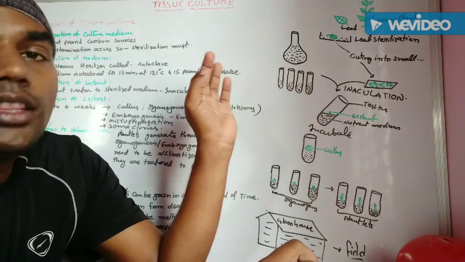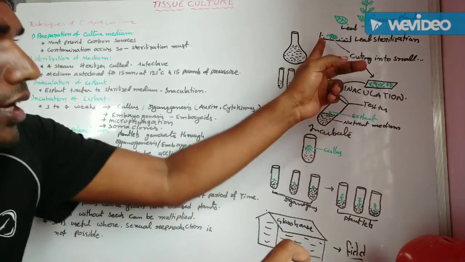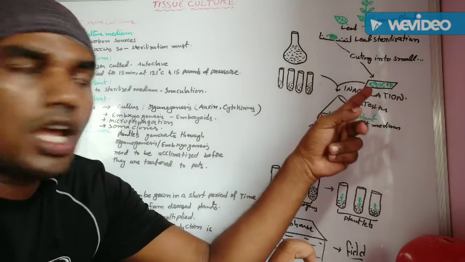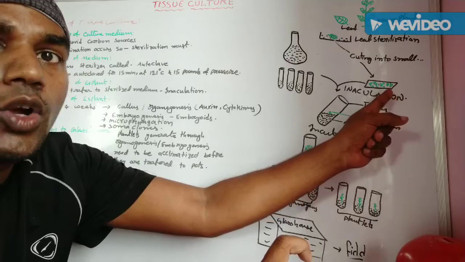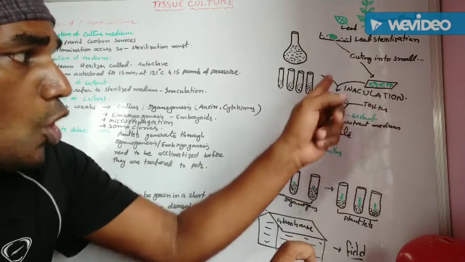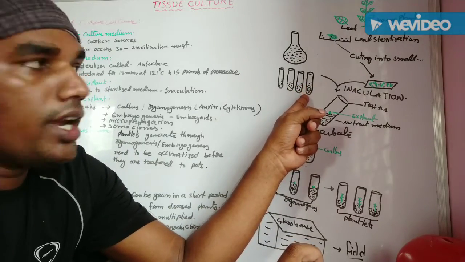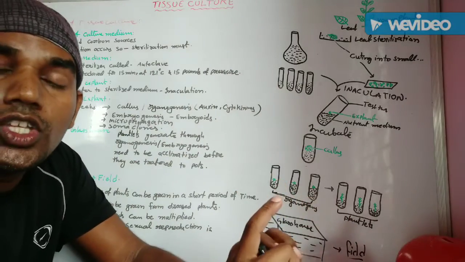Then the leaf is also sterilized, and cut into small fragments or small pieces. These small pieces are known as explant. This explant is inoculated into the nutrient medium under sterilized condition.